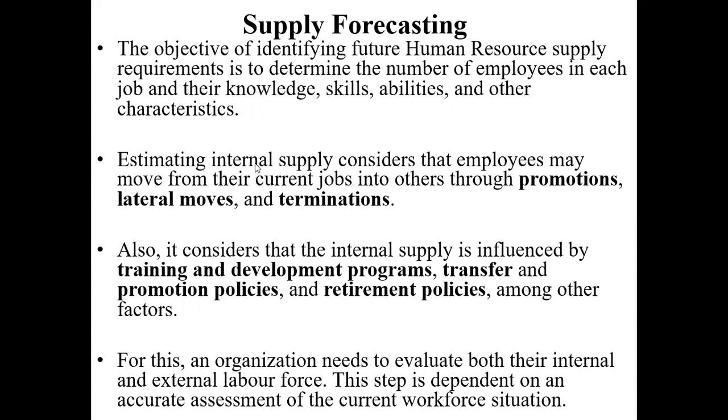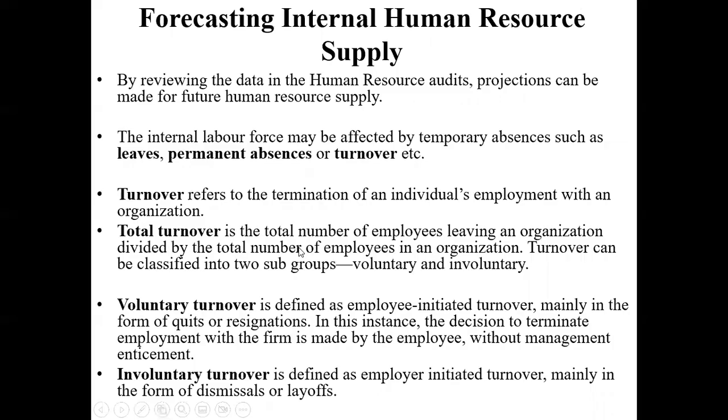So estimating the internal supply considers that employees may move from their current job into others through promotion, lateral moves, terminations. It may also be through transfers, through retirements, and so on and so forth. Now, it could also be as a result of turnover, okay?